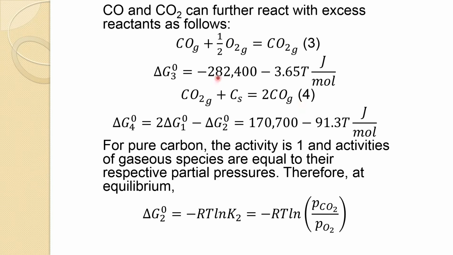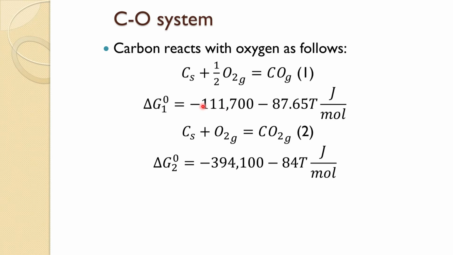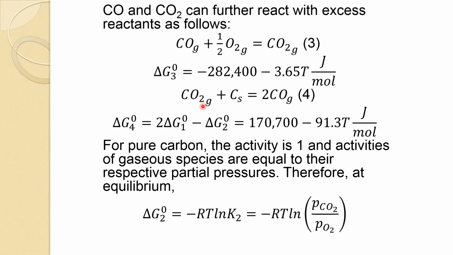These reactions are possible when the reactants are more in quantity. Whatever is formed can react again, and especially at higher temperature CO is stable. So, it forms again CO, and when CO2 reacts with carbon and forms CO, that is usually an endothermic reaction.